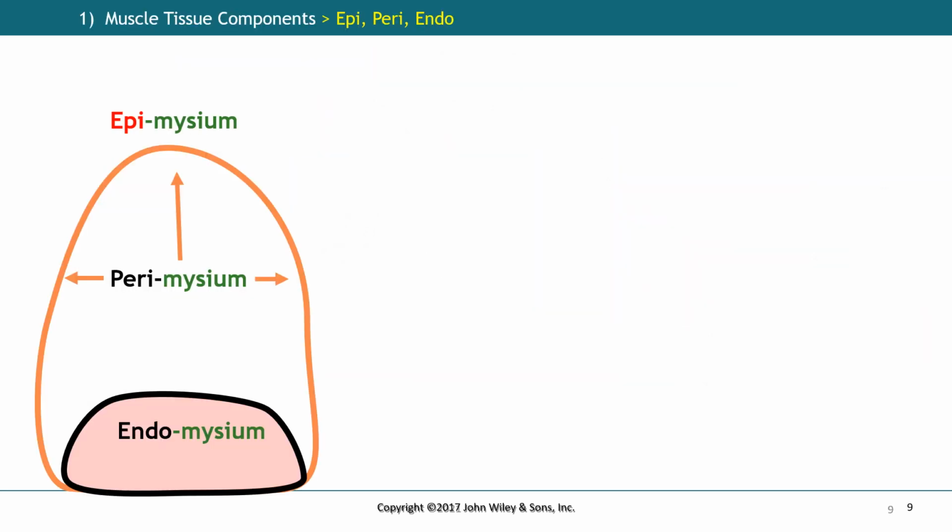Okay, so to remember these three names of the connective tissue, epimysium, perimysium, and endomysium, you might be, oh my God, why are there so many names? However, I want to show you that if you use your Greek roots, maybe these names are not so difficult.